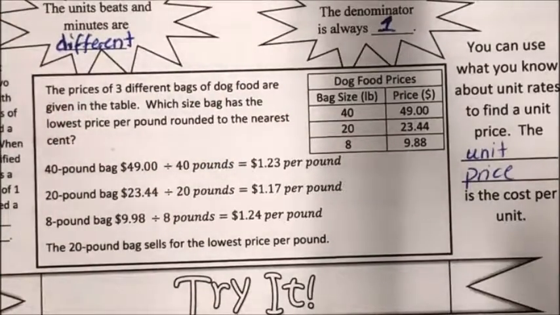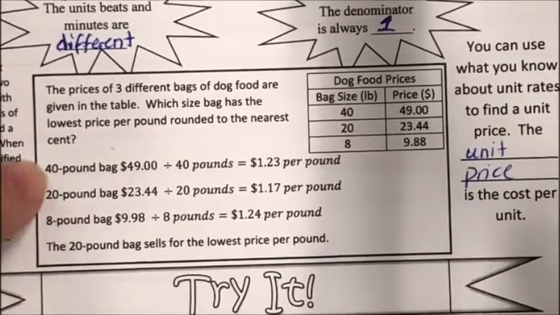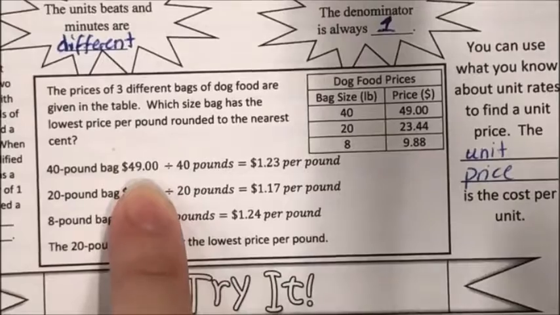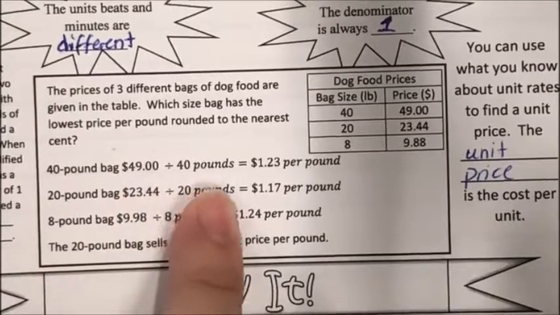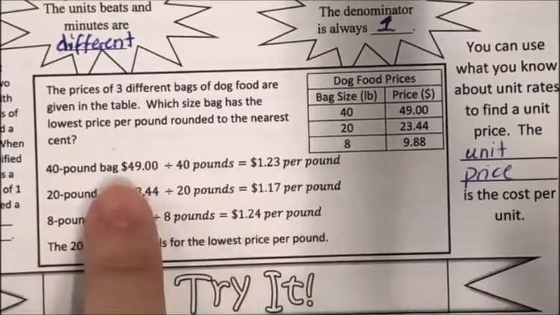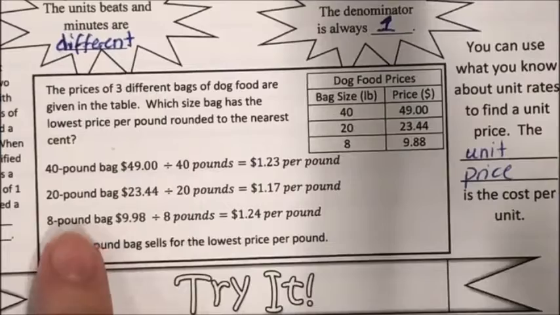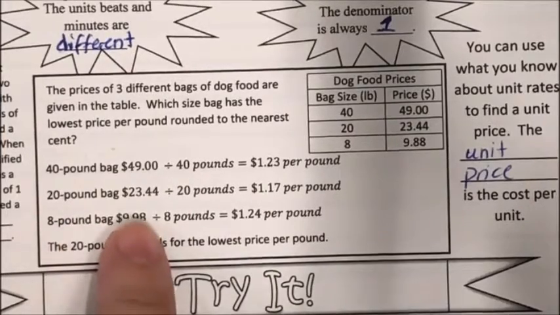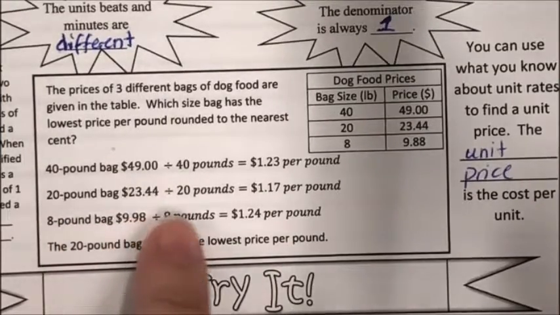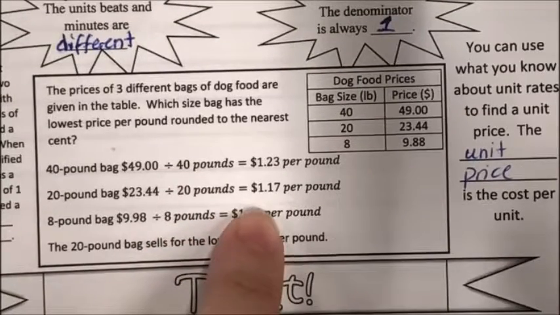So I'm going to divide all my prices. I take the 40 pound bag, which was $49, so price divided by the pounds, and that gives me $1.23 per pound. So 49 divided by 40 is $1.23. The 20 pound bag is $23.44 divided by 20, which gives me $1.17 per pound.